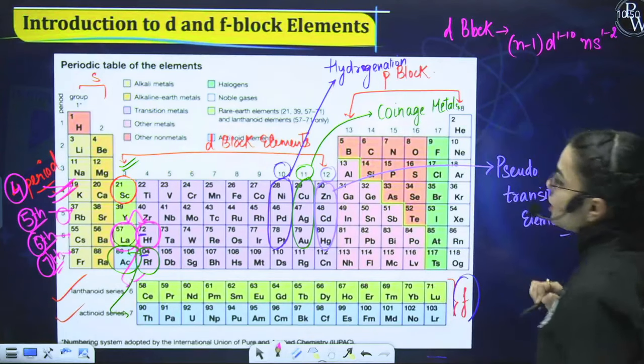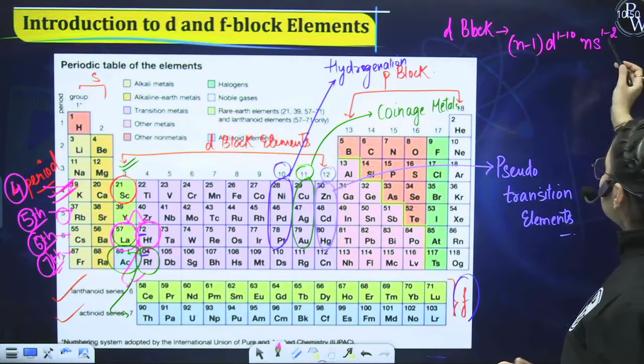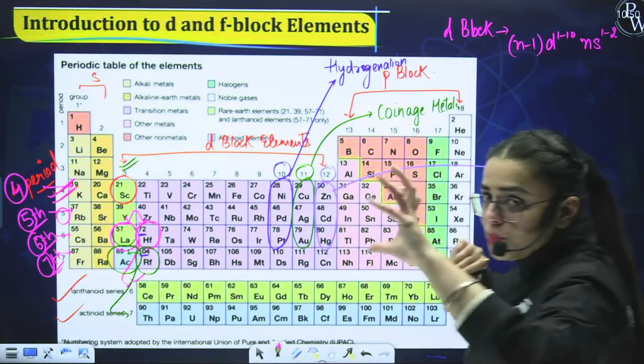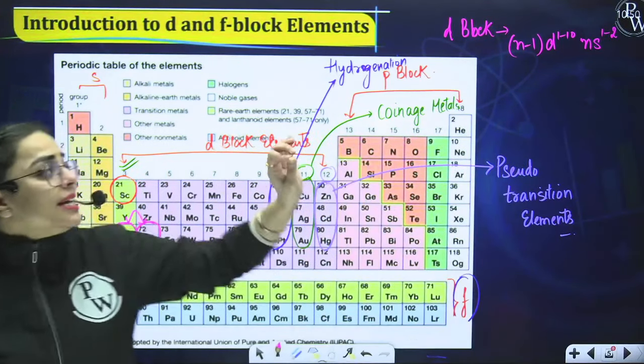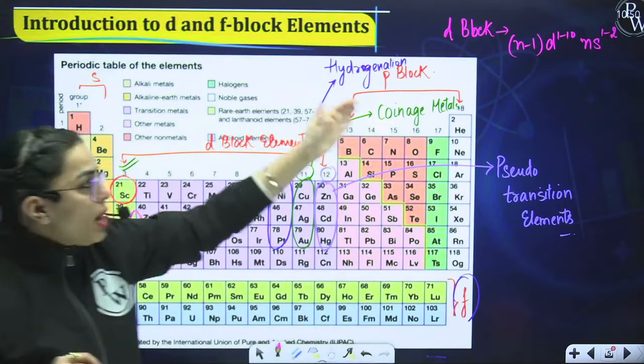This is the general electronic configuration, though there are some exceptions in which you shall see that the S subshell contains 0 electrons. But yes, this is the general electronic configuration, that is n minus 1 d 1 to 10 ns 1 to 2.